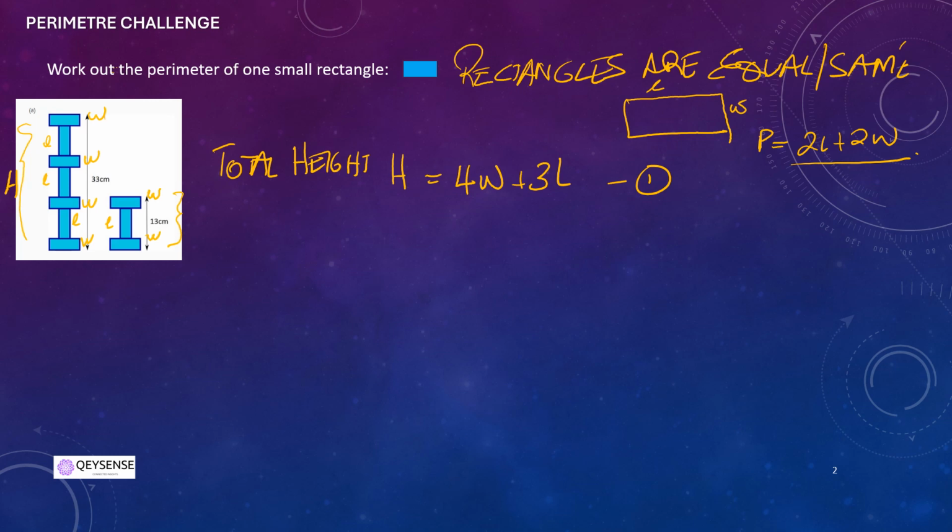And then the height of the little tower, let's call this h, equals 2W plus L. That's equation 2. Now, the other things we know are that the big tower equals 33 centimeters and the little tower equals 13 centimeters. That's the only two bits of information we have.